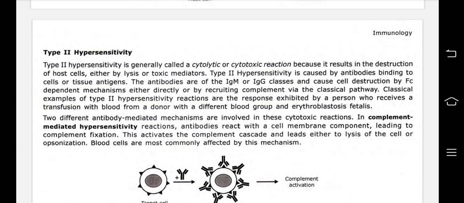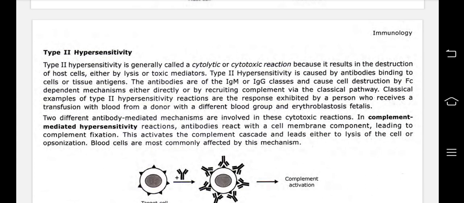A classical example of type 2 hypersensitivity reactions is the response exhibited by a person who receives a transfusion with blood from a donor with a different blood group, and erythroblastosis fetalis. This is type 2 hypersensitivity.